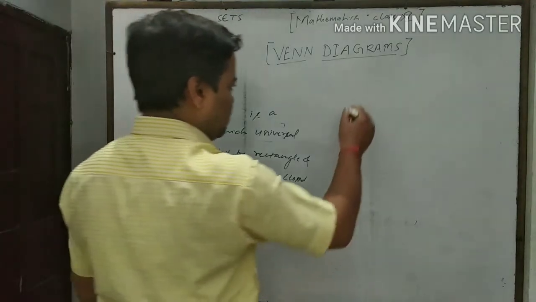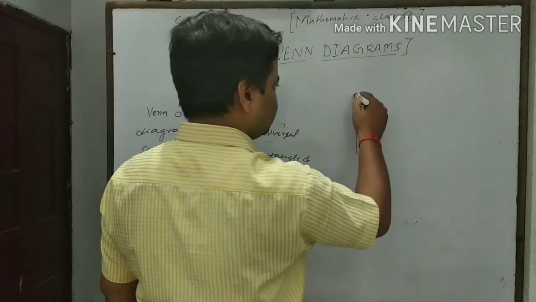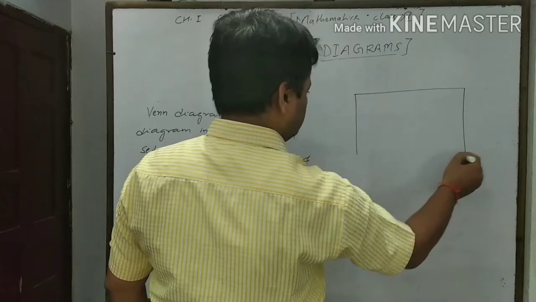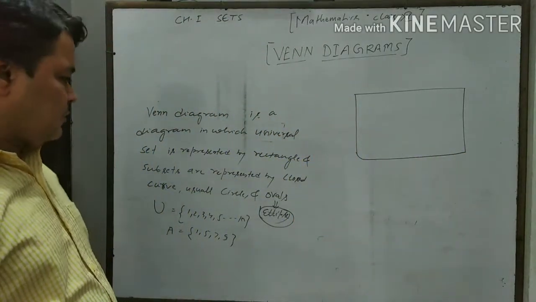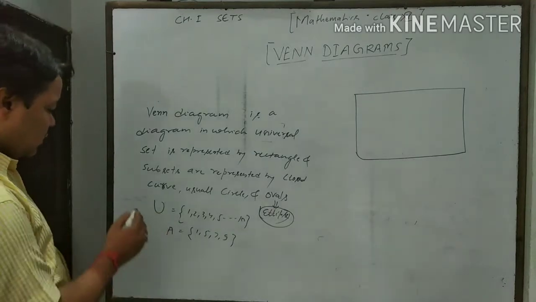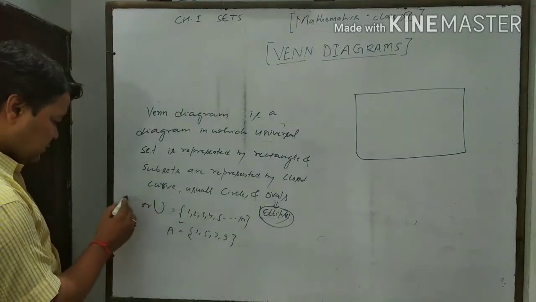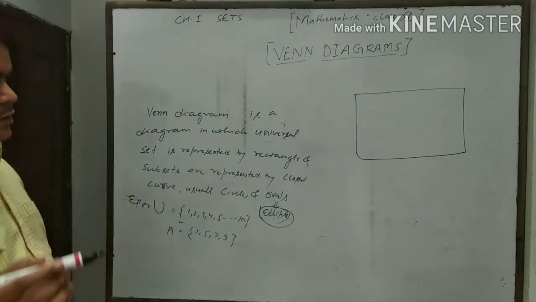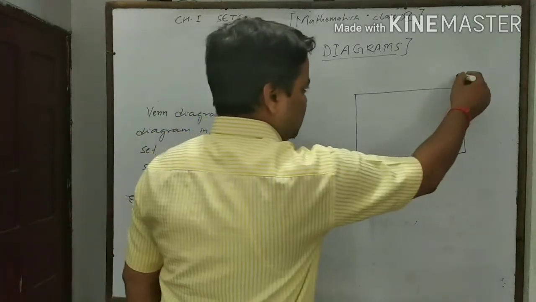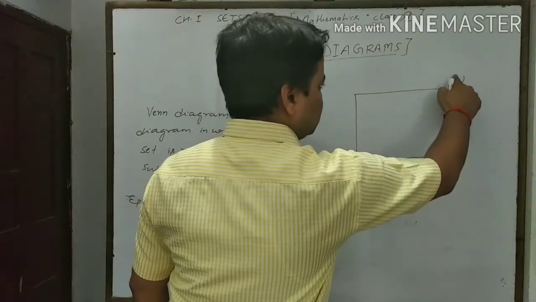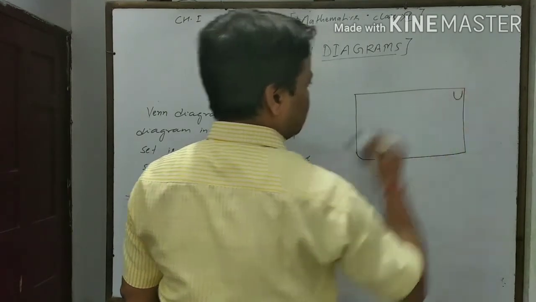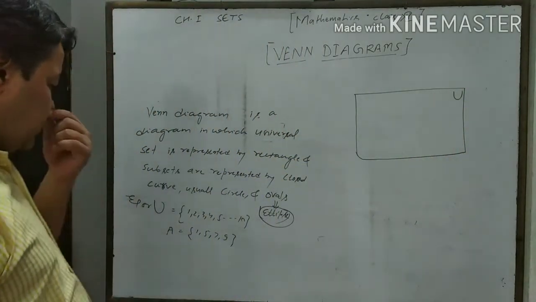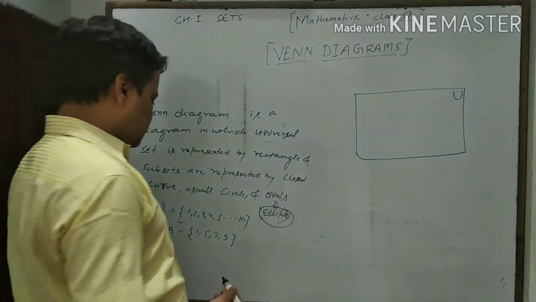First of all, we make the universal set in the form of a rectangle, and the elements are inside here. We represent it this way. Outside is also possible, but we generally represent them inside.